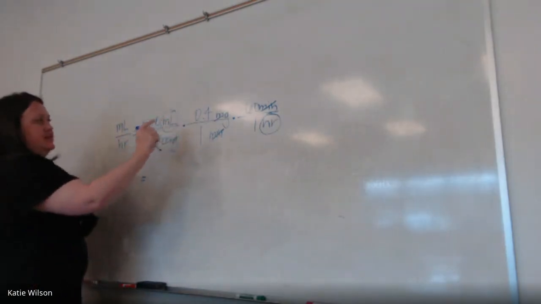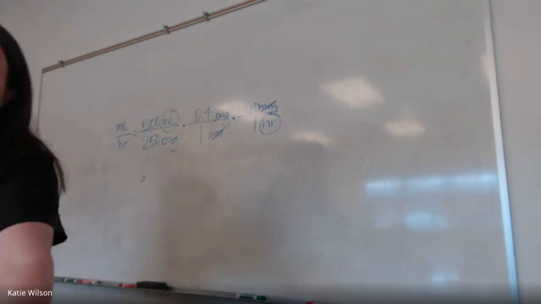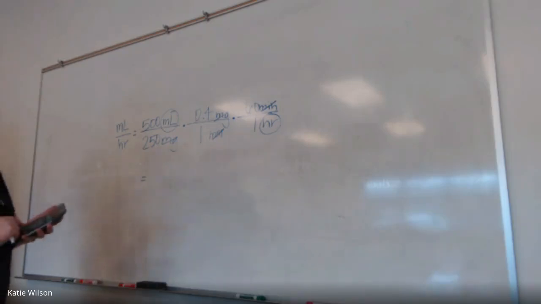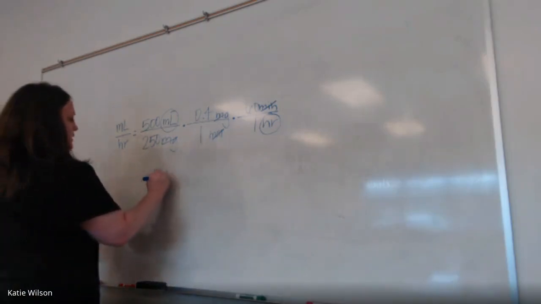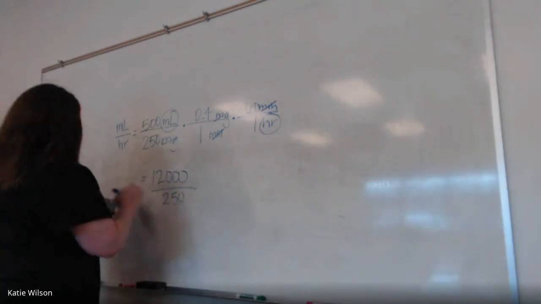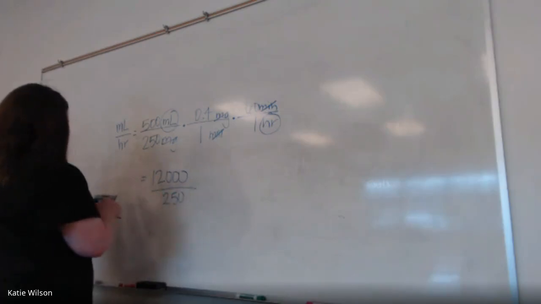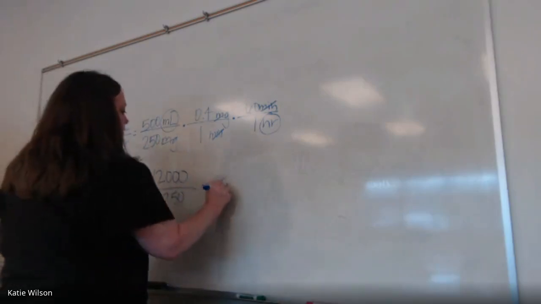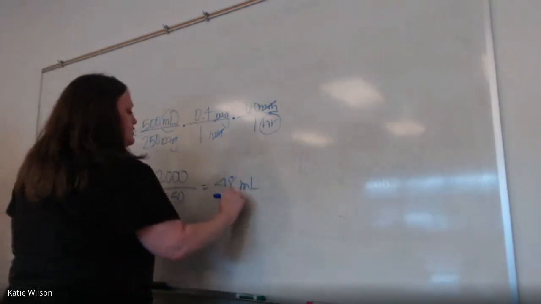So 500 times 0.4 times 60. What'd you say it was? 12,000? Over 250? And we got 48 milliliters per hour.